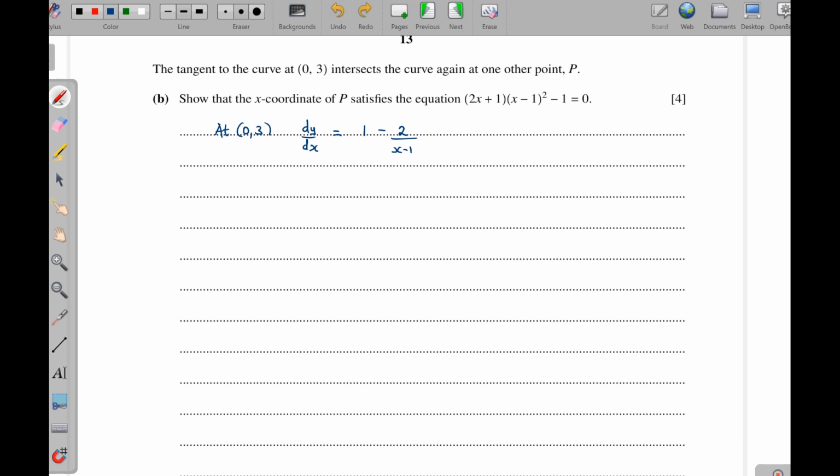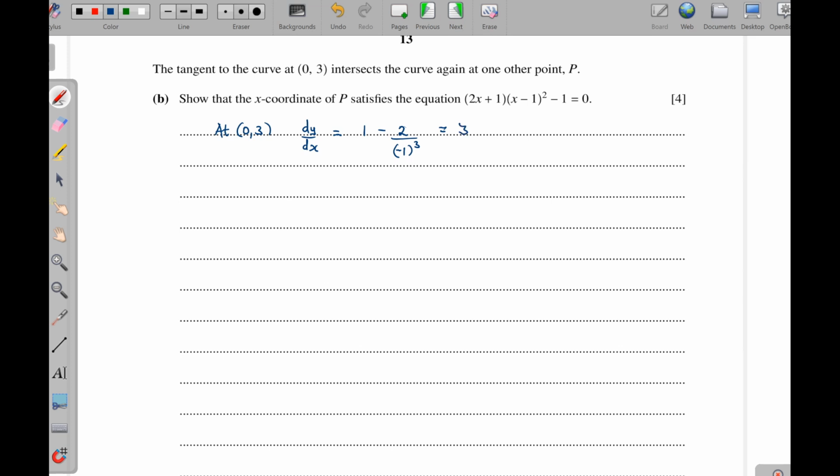Where there is x, I'm going to put 0. So that will be negative 1, cubed. The power of a negative is always a negative. Because this one's a negative and this one is a negative, you get a plus. So 1 plus 2 gives us 3.